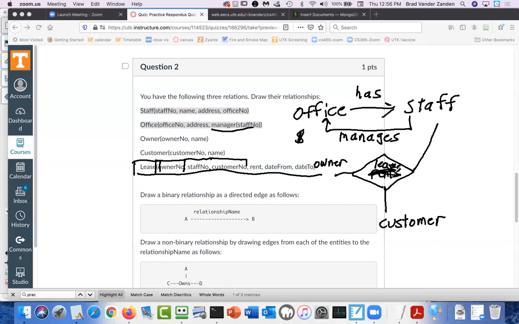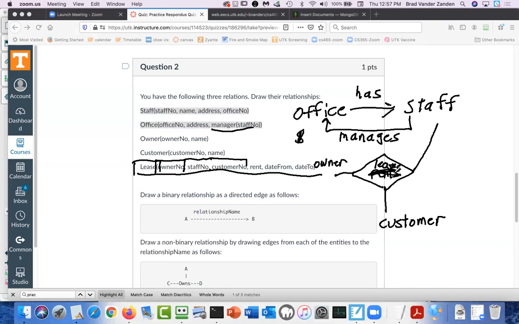And I will tell you on the test, I also ask you as part of the question to tell me what are the entities. So here you would tell me that office, staff, customer, and owner are entities, but not lease, because lease is in fact a relationship. Okay. Even though it in itself is a relation. Yes.